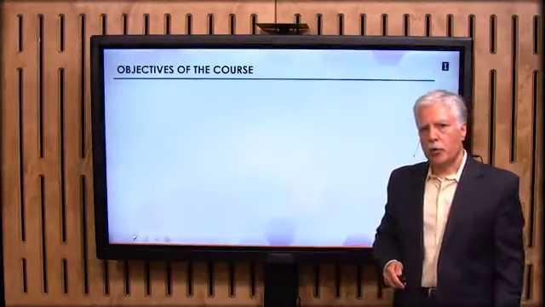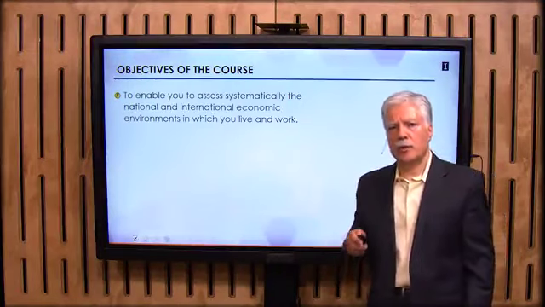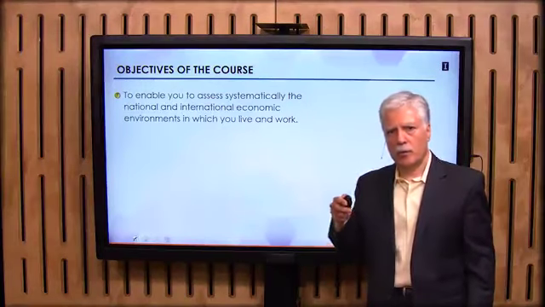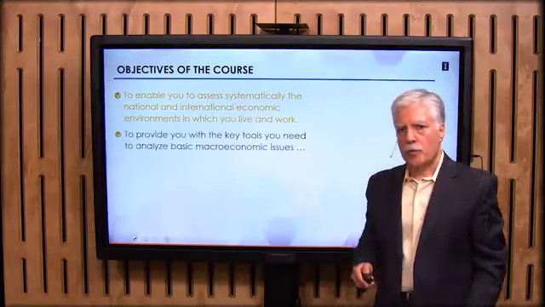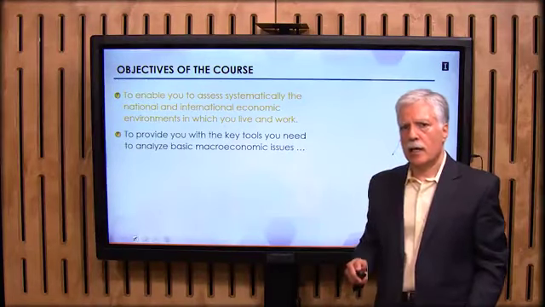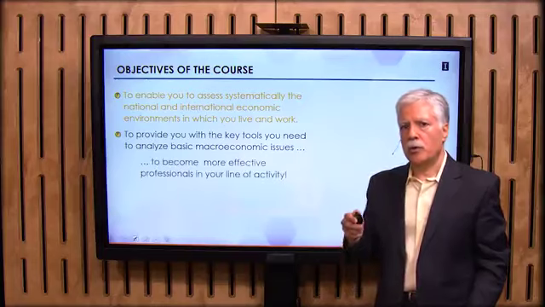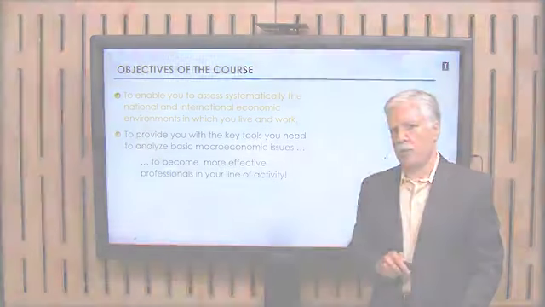The objective of the course is to help you better understand the macroeconomic environment in which you live and work, both in the country you live in and also globally. This course provides you with the key tools you need to carry out such analysis, and hopefully it will make you more effective decision makers, particularly better professionals.